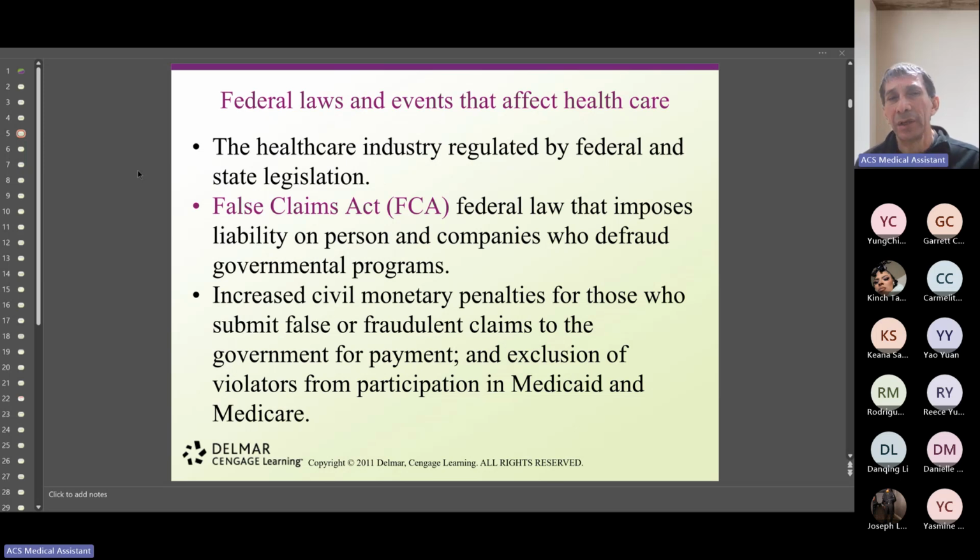So let's talk about the False Claim Act. The title tells you what it is: false claim. You are giving false information to the insurance company.